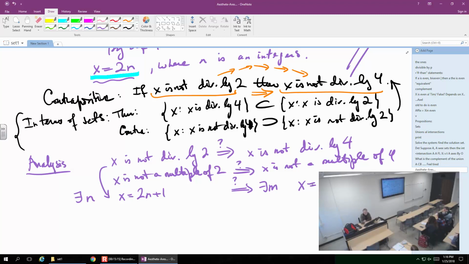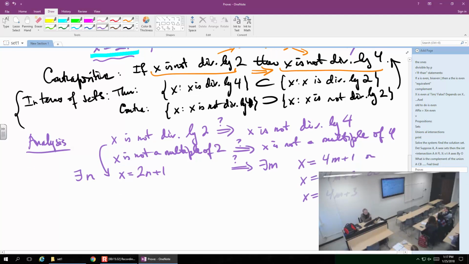Since it's not divisible by 4, we have x equal to, for some m, 4m plus 1, or 4m plus 2, or 4m plus 3. Once again, you can think of this as a union of 3 sets.